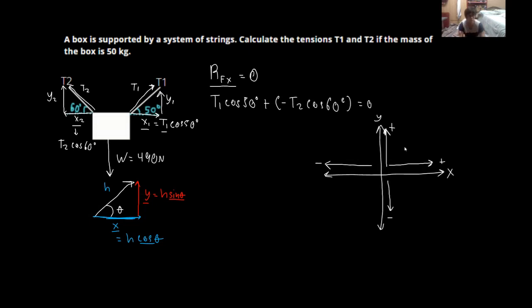Right or pataas or both, kumbaga, you form a diagonal line, positive value. Pero kapag pababa or pakaliwa, negative value ang bibigay diyan. Tingnan mo, si negative T2 cosine 60 degrees, negative siya kasi ang horizontal component niya ay papuntang kaliwa. That's why negative siya.